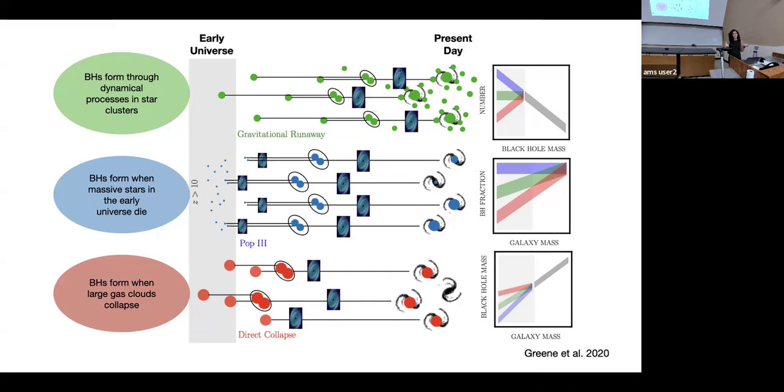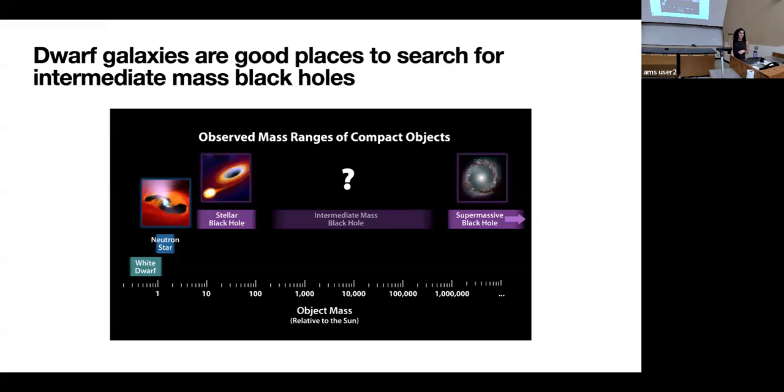So by studying this population of black holes in dwarf galaxies, we can provide some observational constraints for these black hole formation theories.